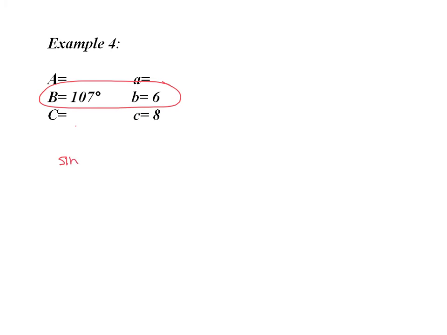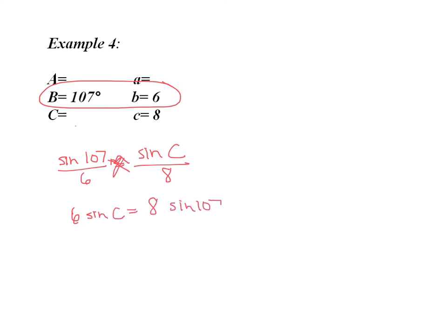So I'm going to say sine of 107 over 6 equals the sine of C over 8. Again, we're going to cross multiply. So I'm going to get 6 sine C equals 8 sine 107, and then divide by 6.